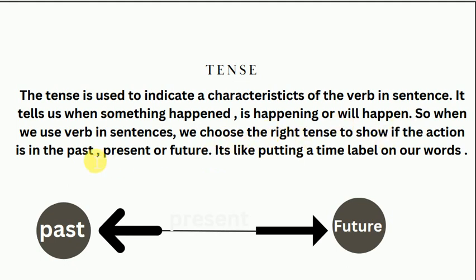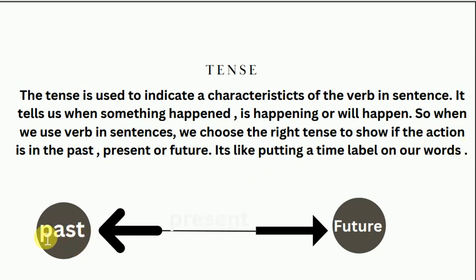It means when we use a verb, we have to choose the right tense or the right time to show if the action is in the past, present, or future. It's like putting a time label on our words.